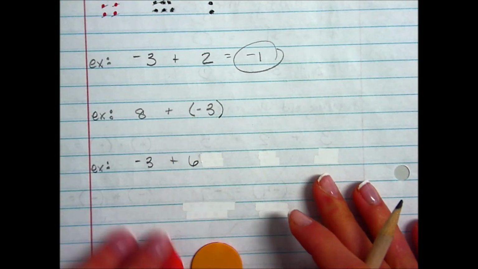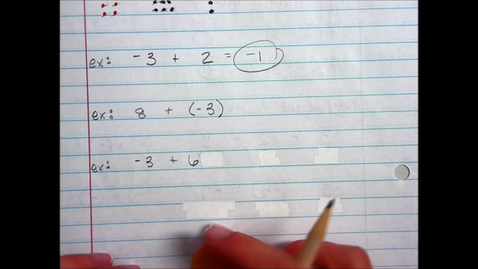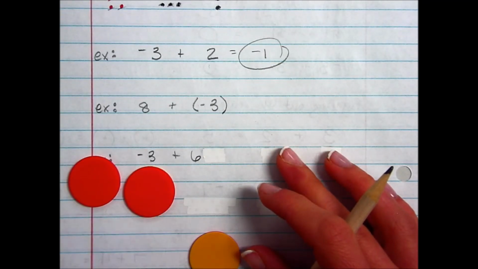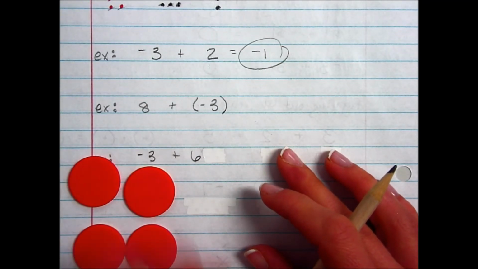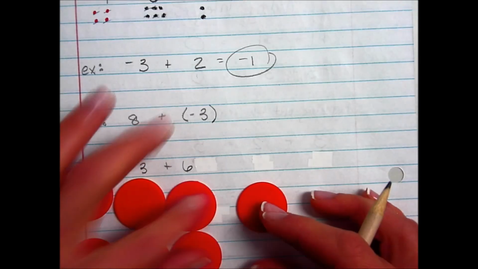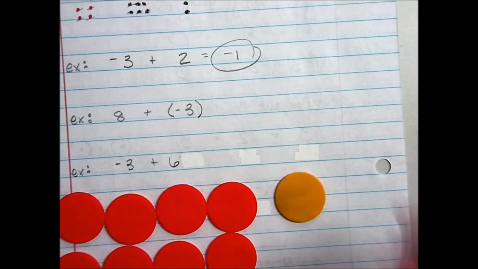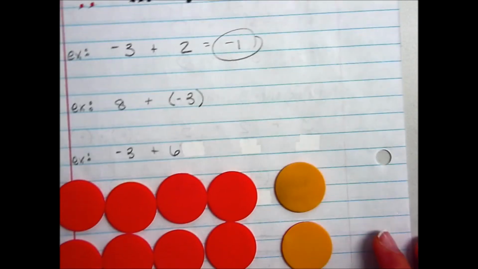All right, what about on this second example? Bailey? I got positive 5. She has positive 5. Let's check her work. 2, 3, 4, 5, 6, 7, 8. And then a negative 3. Can I borrow one yellow?